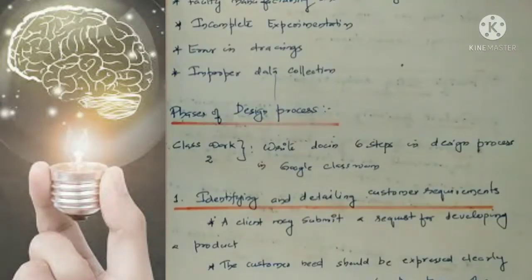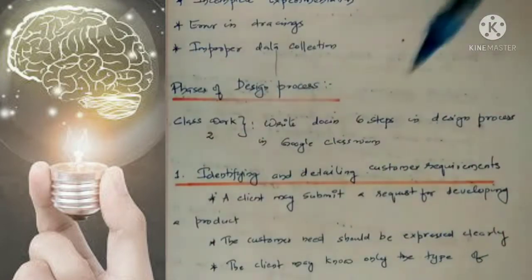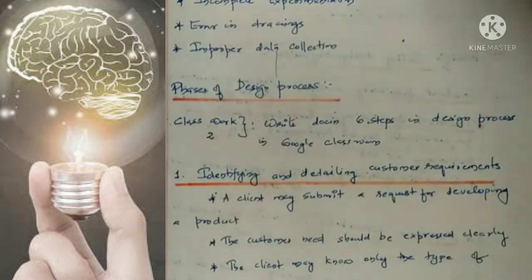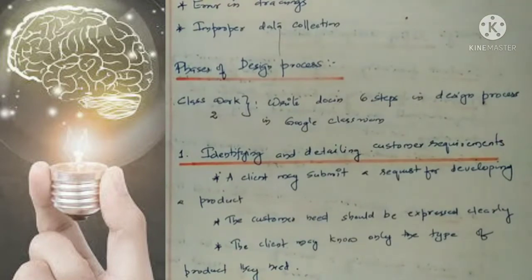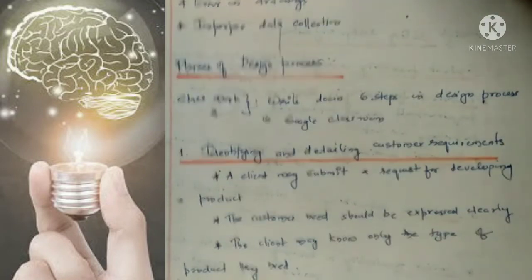Okay, so in this step we will see what is the actual need of our customer. A client may submit a request for developing a product. The customer need should be expressed clearly. Sometimes the client may know only the type of product they need.